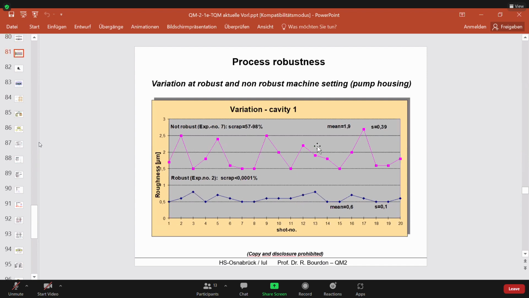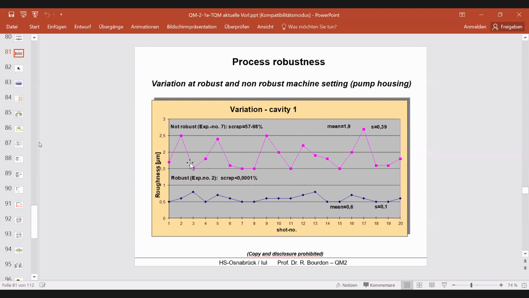And here you see a machine setting with a high roughness and a bigger deviation, standard deviation. So this means there are some process settings of the machine which are better for quality, for low variation than other process settings.